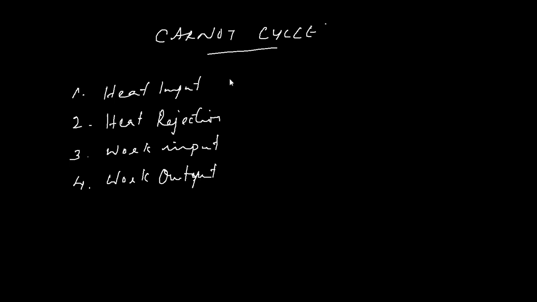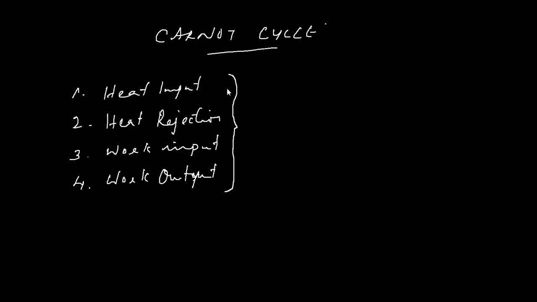As I mentioned in the previous video, reversible process itself is an ideal process. All actual processes are irreversible, and therefore a reversible cycle is an ideal cycle. Now, what are the four processes, and how can we explain the four processes in the cycle?